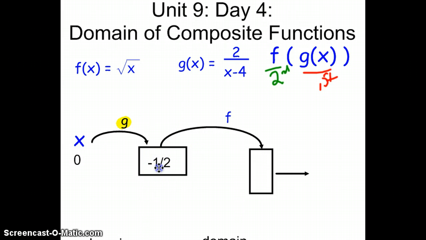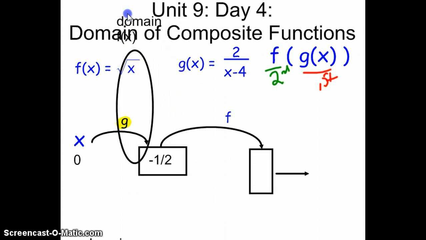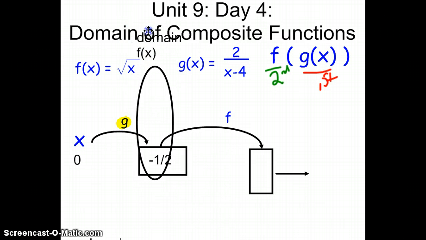So the negative a half is the number that I'm going to actually plug into f. But what does f do? f takes whatever the input is and takes the square root of it. But when I try to take the square root of negative 1/2, I get an error. Why do I get an error? That's because the domain of f is any number that does not give me a negative square root.